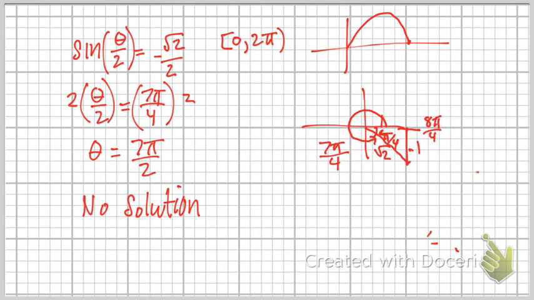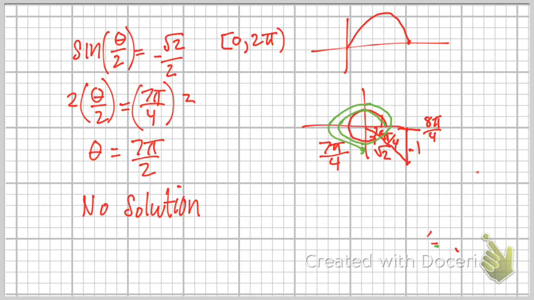Because think of this. If I was just adding all those angles up, this would be half pi. That'd be 1/2 pi, 2 halves pi, 3 halves pi, 4 halves pi, 5 halves pi, 6 halves pi, 7 halves pi. So I went all the way over here in order to get my first theta here.